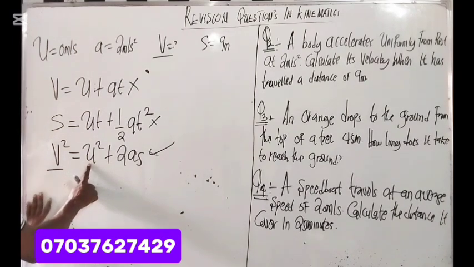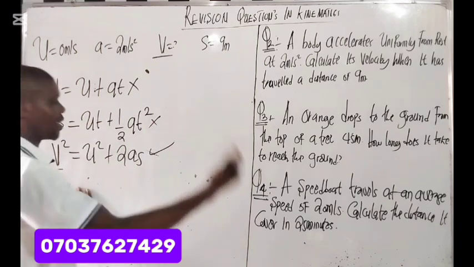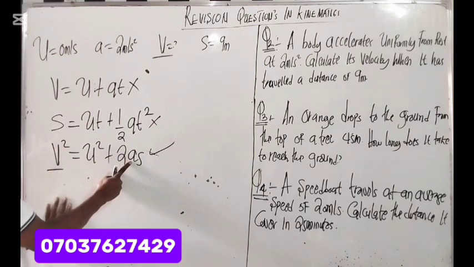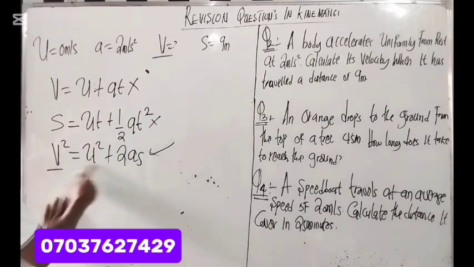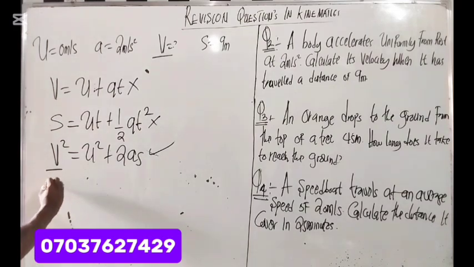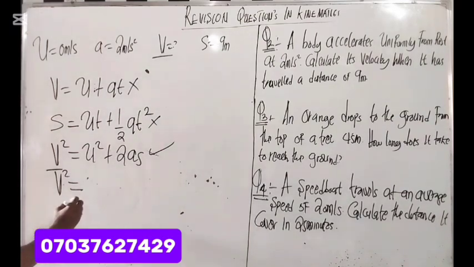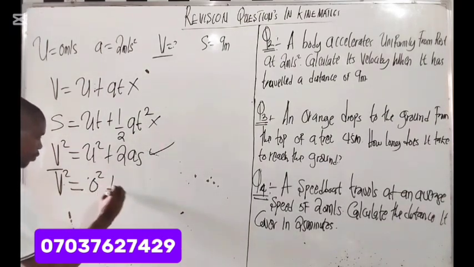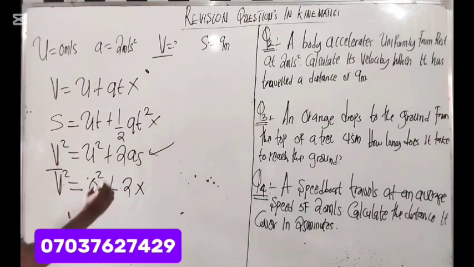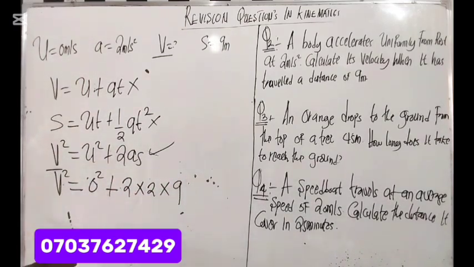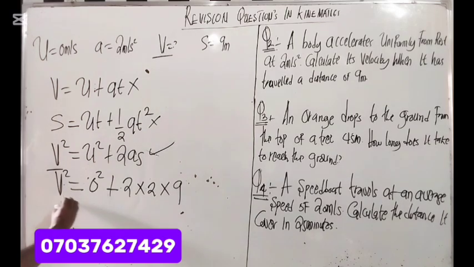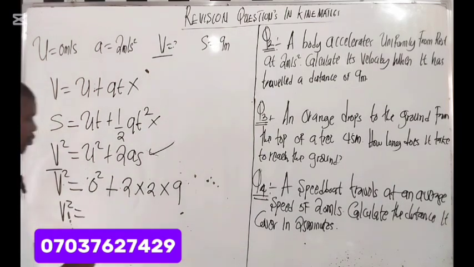Our initial velocity is 0 because it accelerates from rest. Here we have acceleration and here we have distance. So I'm using this one. It's going to be v squared equals u squared, where u is 0, plus 2 times a, which is 2, times s, which is 9. So v squared equals 2 times 9.